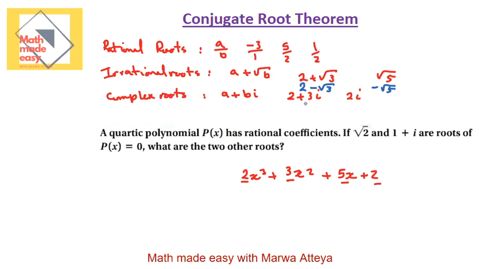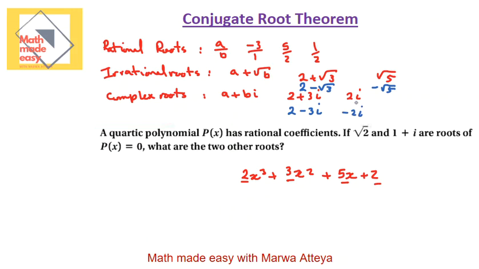If I have a complex root like 2 plus 3i and the polynomial function has rational coefficients, then this is not the only root. Its conjugate, 2 minus 3i, is also a root. Same, if I have 2i here, its conjugate, negative 2i, has to be a root as well for the same function.